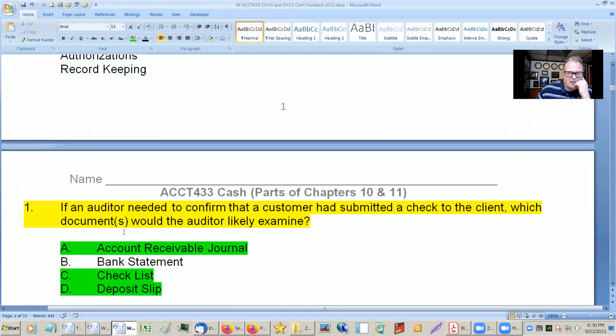Okay, how about this? You contact the customer. They said, we sent the check. We said, well, we can't find it. It's not in the deposit checklist. It's not in the deposit slip. And they said, well, I have the canceled check. I have it right in front of me. What probably happened?